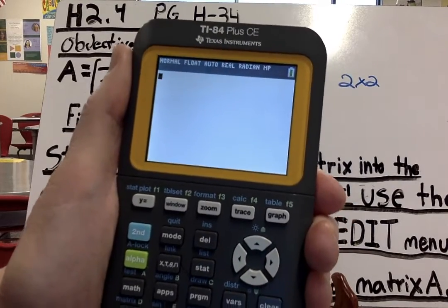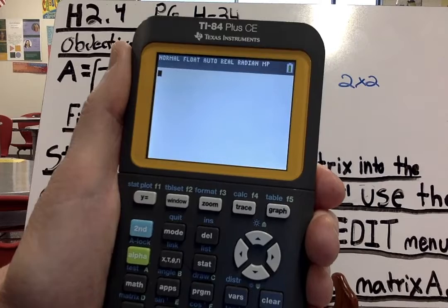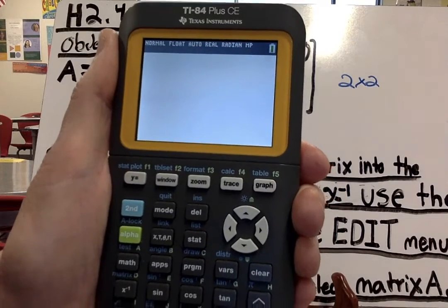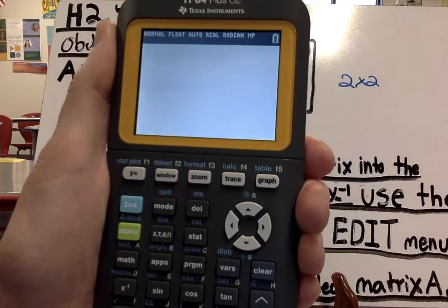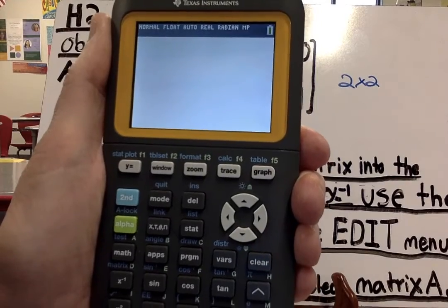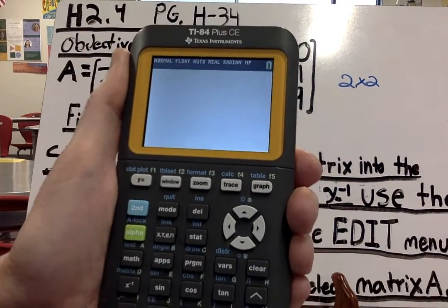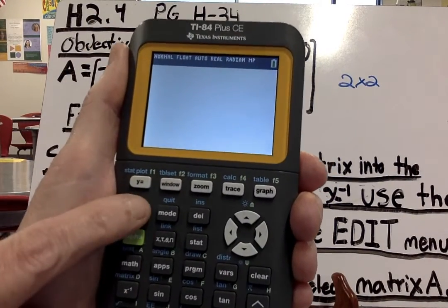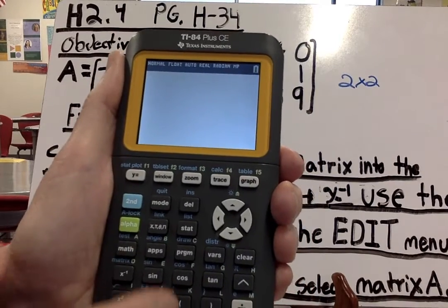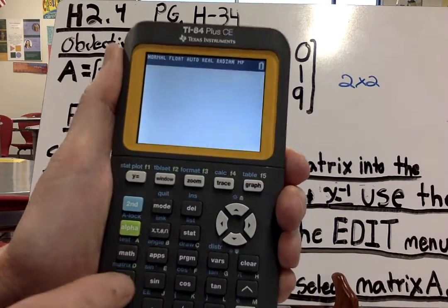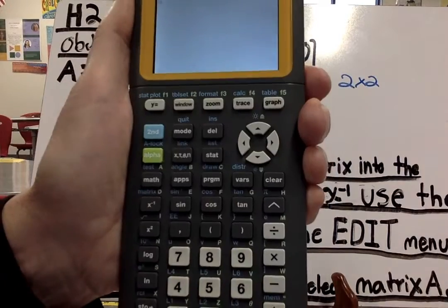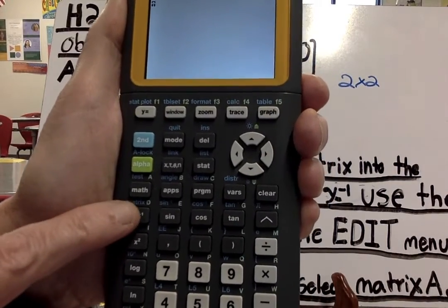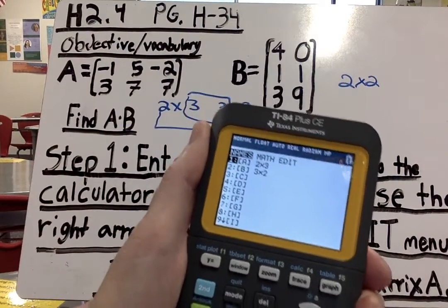Then we are going to select matrix A and matrix B in the names menu to find the product. From the blank screen, press second, the blue, and then the matrix with this x to the -1. Okay, and that brings it up.